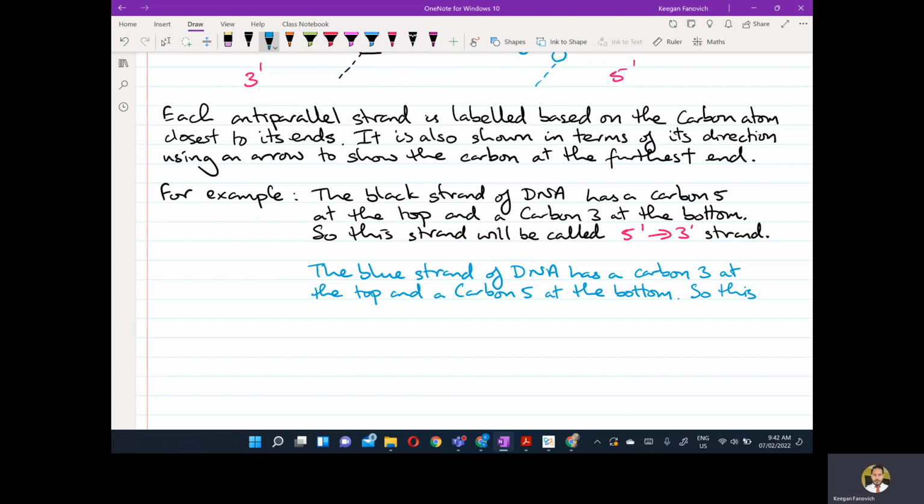So this strand will be called the 3' to 5' strand. Okay, so they're just named based on the relative positions of their carbon 5s and carbon 3s. Which one is at the top, which one is at the bottom. And that's pretty much it.